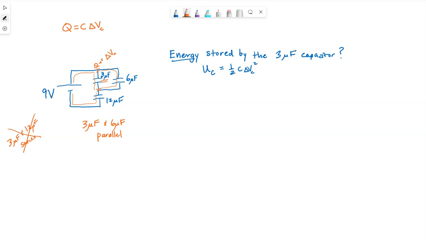But I can't say either that the 6 microfarad capacitor and the 12 are in series. That's not true either, because I don't have to go through the 6. I can go through the 3. So ultimately, we have to take care of this parallel business first before we can then look at something being in series with the 12.